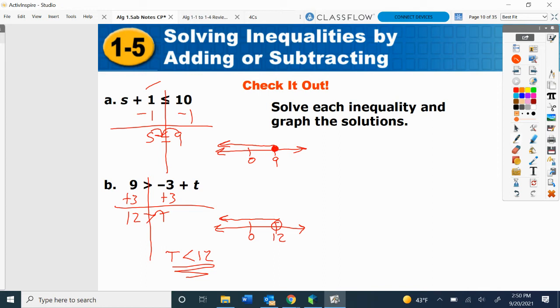So that means we're going to have an open circle on 12, and since t is less than 12, we're going to arrow over everything smaller than 12. So you can always turn it around the other way. Just make sure you turn your symbol also when you turn that around. Some people like to have it like that.